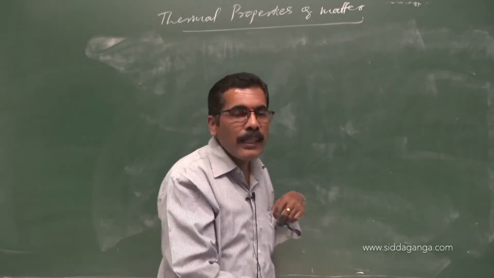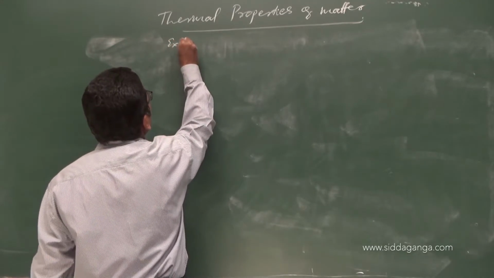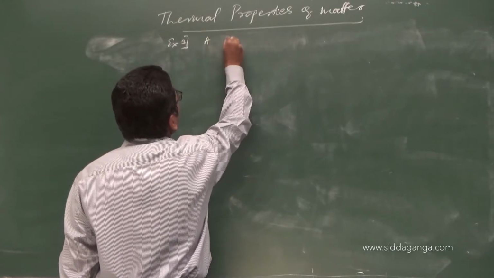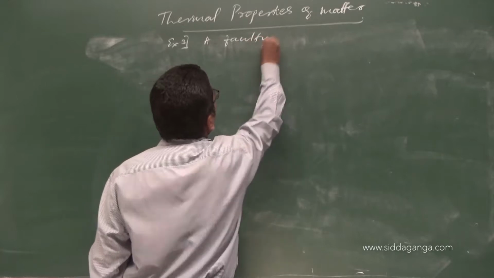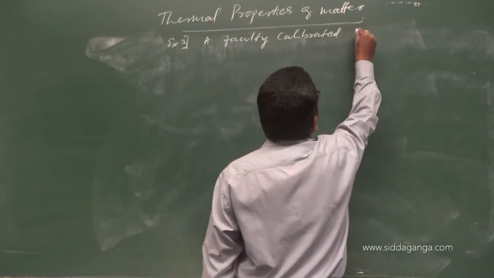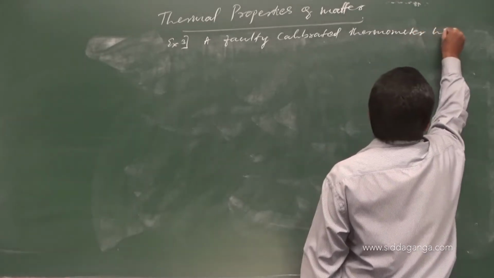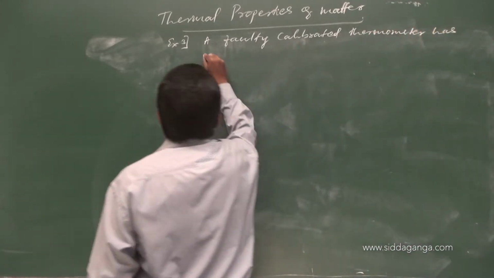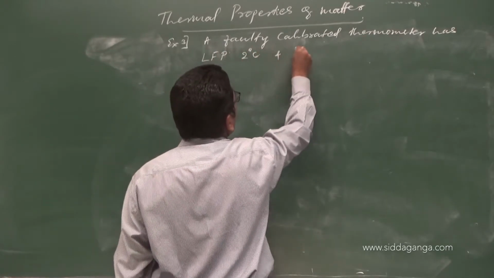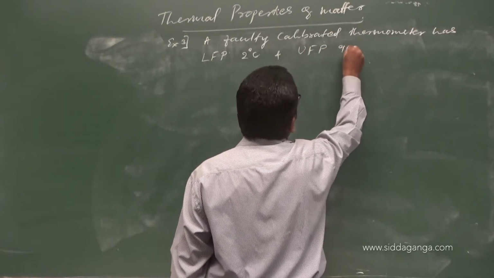Okay, let us consider one such problem. Example 3. A faulty calibrated thermometer has lower fixed point 2 degrees Celsius and upper fixed point 98 degrees Celsius.